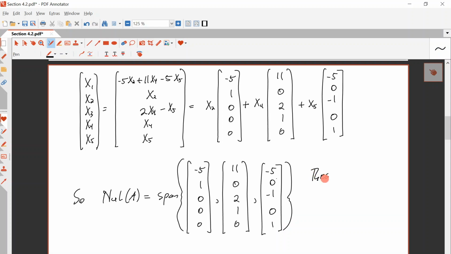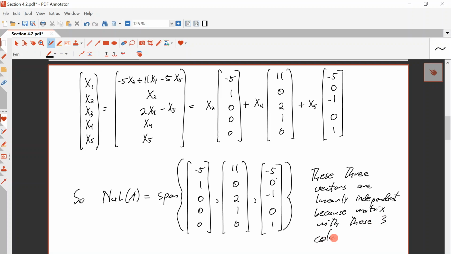All right, so these three vectors are linearly independent because the matrix with these three columns has three pivots.